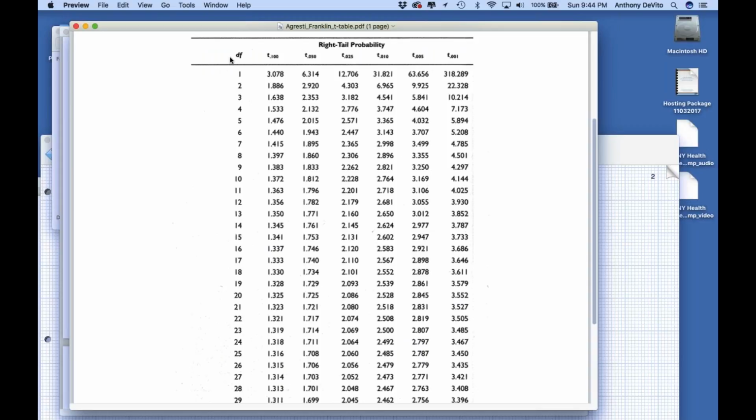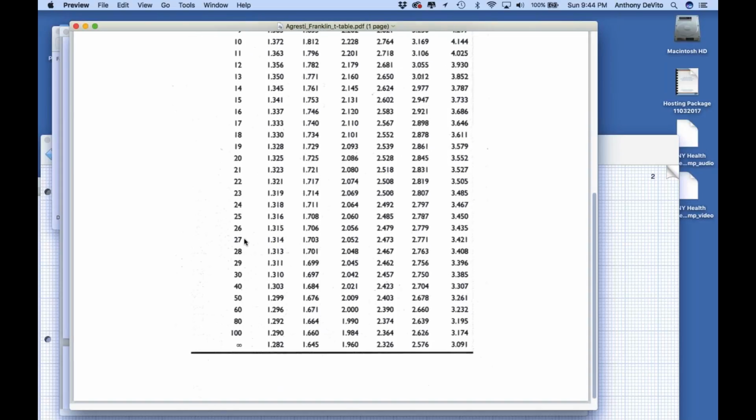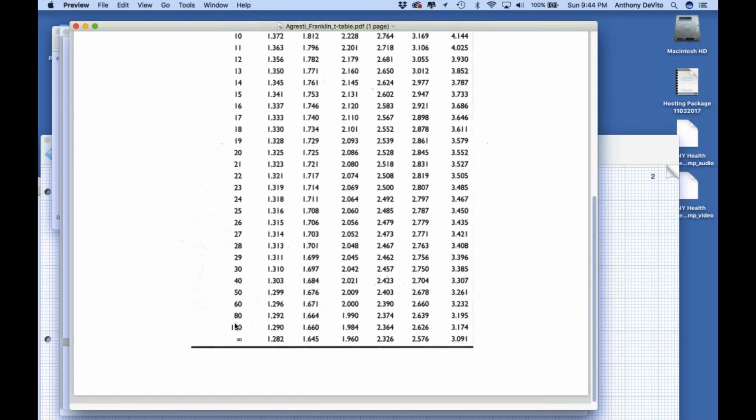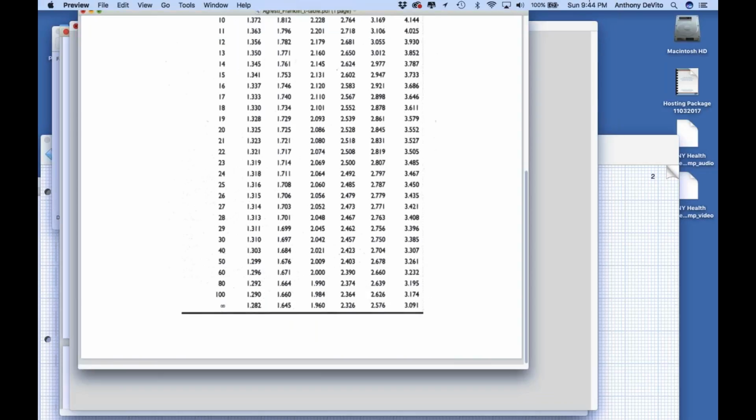Actually, this is degrees of freedom, so it would be 100 minus 1, or 99, but that's very close to 100. The t-score we would need to exceed in order to reject the null hypothesis is 1.984. I'm going to remember 1.98 for our purposes. So that's our critical value of t.